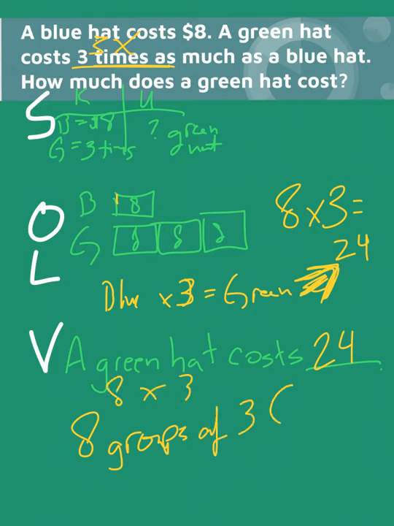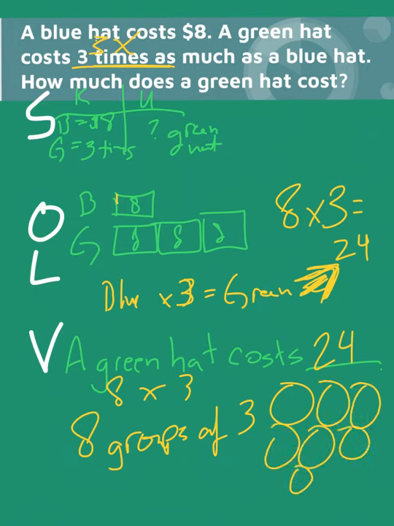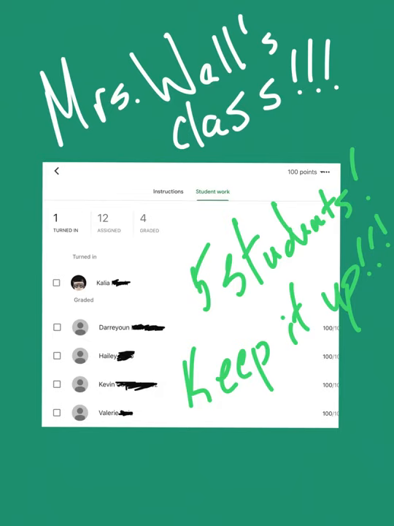Alright, so if you had to, 2, 3, 4, 5, 6, 7, 8, and we're just going to put 3 in each one of those. And you could count those up if you needed to. Again, multiplication is the same. You're still adding the same number over and over again. In this case, it's 3. You're adding 3 8 times.